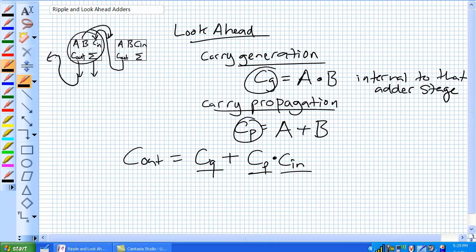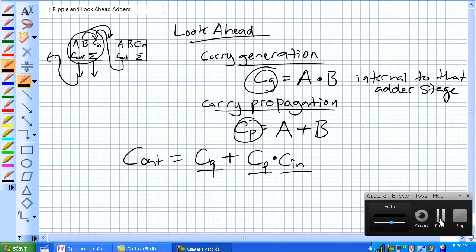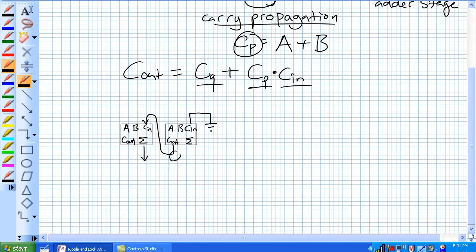And I'll show you how they're hooked up here. So remember, the carry out is dependent on what's generated internally, the propagation, and what's coming into it. So there are three things. When you're going to hook it up, let's go ahead and reuse this diagram right here. This stage's output, the C out here, is this stage's carry in.